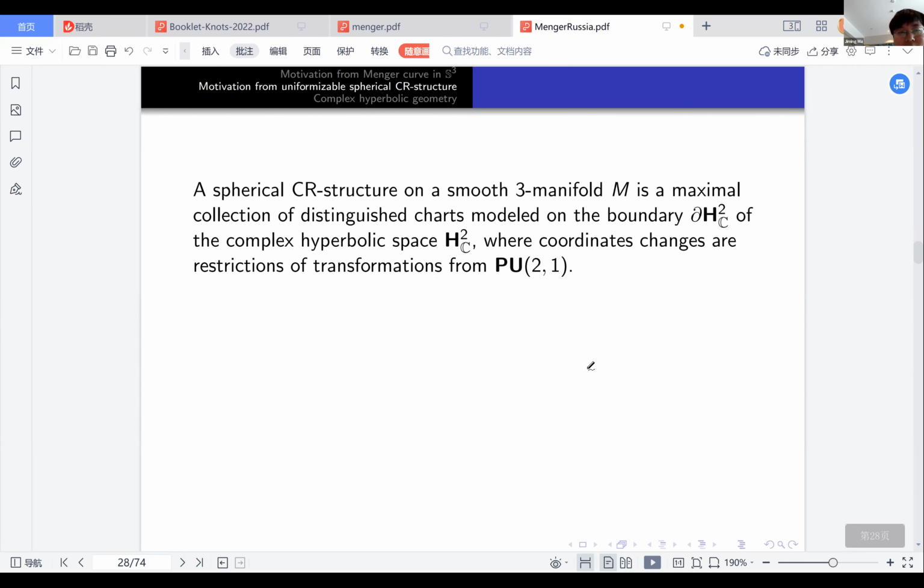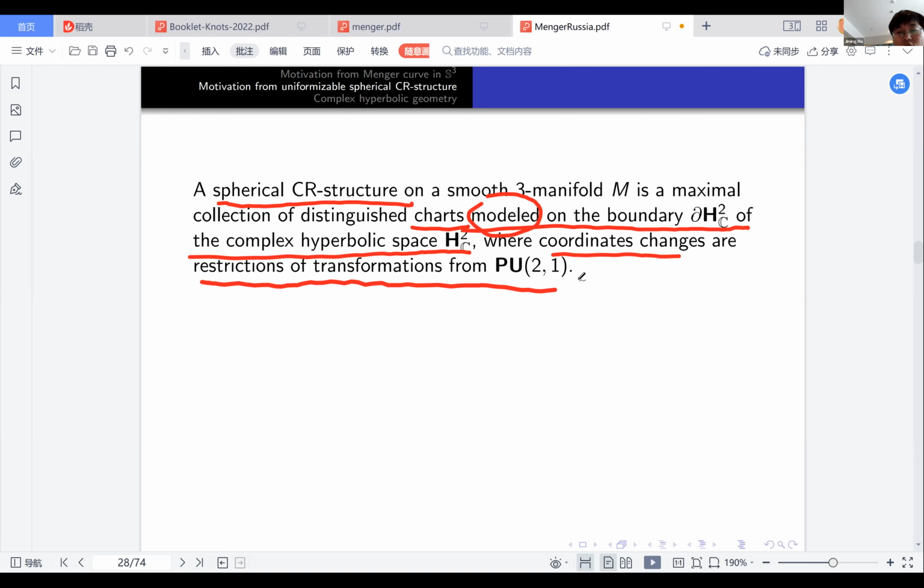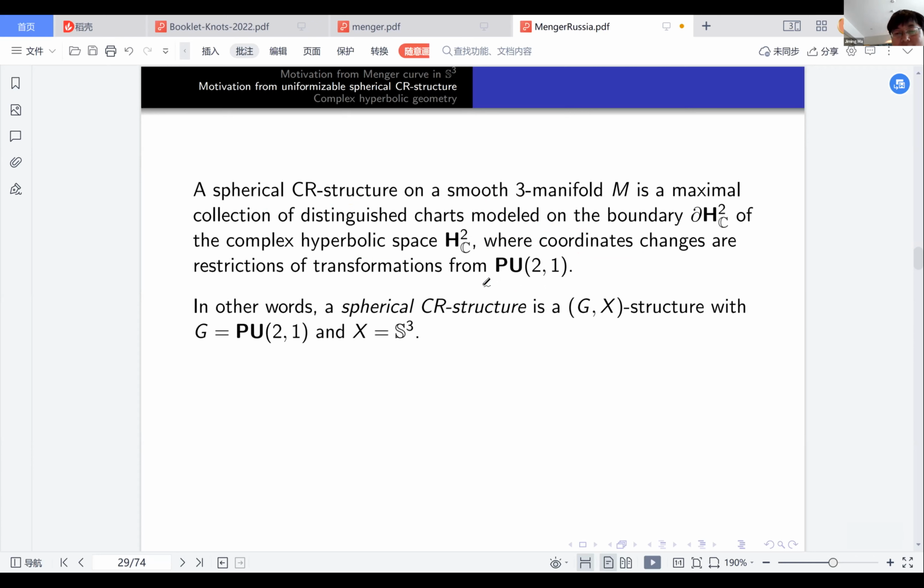A spherical CR structure on a 3-manifold is a collection of charts modeled on the boundary of complex hyperbolic space, where the transition maps are restrictions of transformations from the Lie group. In other words, a spherical CR structure is a (G,X) structure, where G is the Lie group and X is the topological space, the 3-sphere.